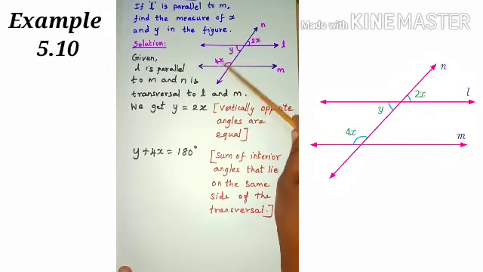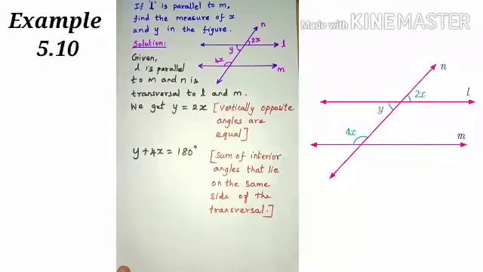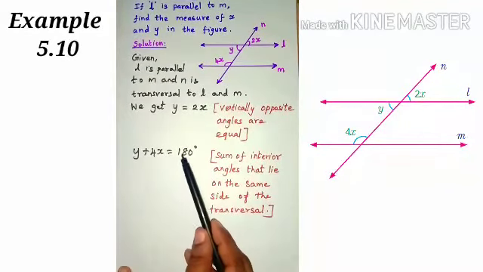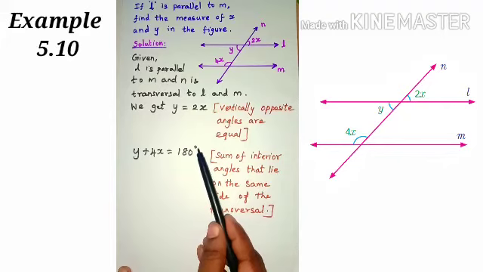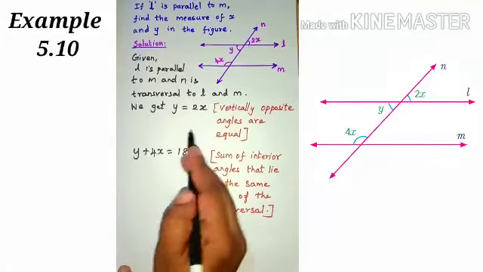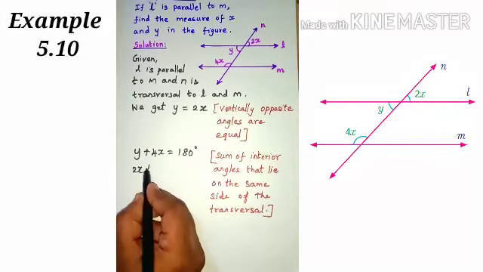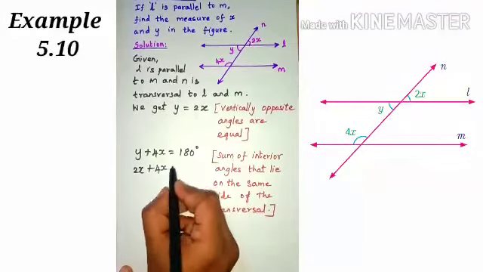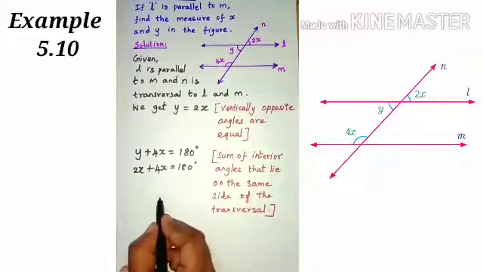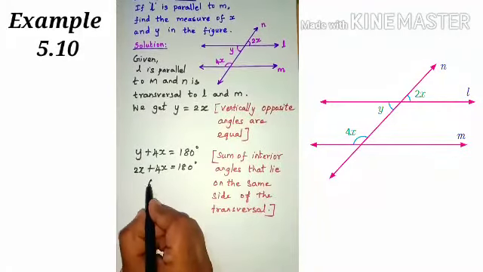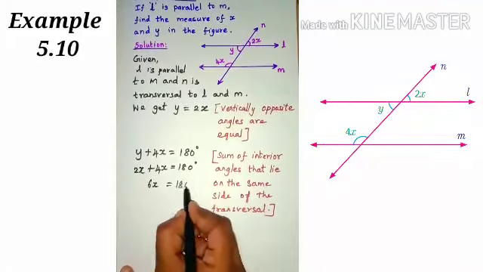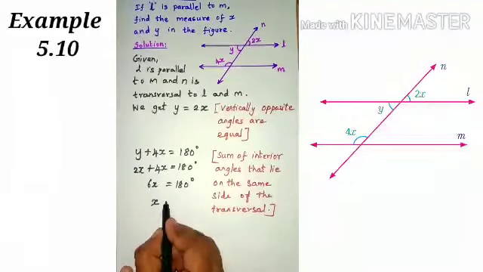That is, the sum of these two angles is equal to 180 degree. That is, Y plus 4X is equal to 180 degree. Here we know that Y is equal to 2X, so substitute: 2X plus 4X is equal to 180 degree. So 2X plus 4X is 6X, equal to 180 degree. So what is the value of X?